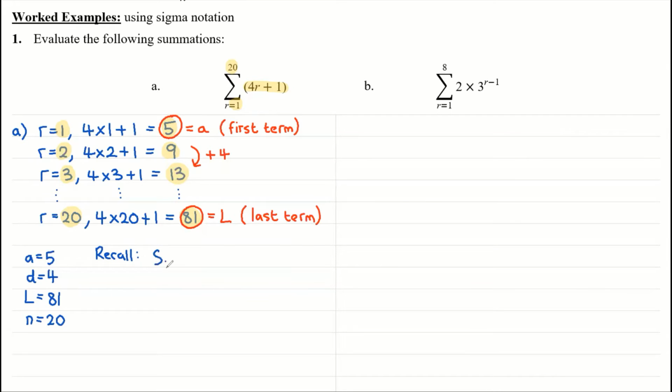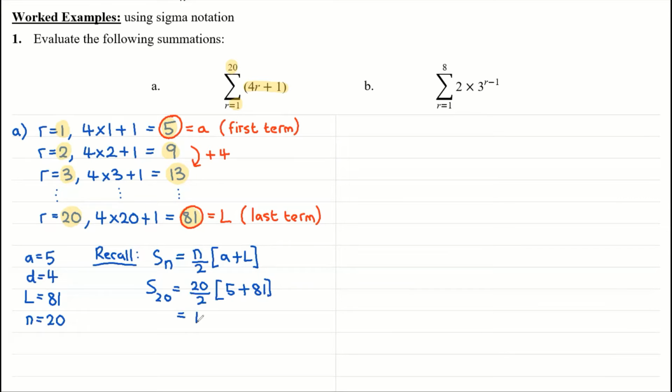So the sum of n terms we can also write as n over 2 multiplied by a plus l inside the brackets. Okay, just recall that. Now we can perform our summation. So we're going to sum the first 20 terms. So this is going to equal 20 over 2 multiplied by 5 added to the last term, which is 81.